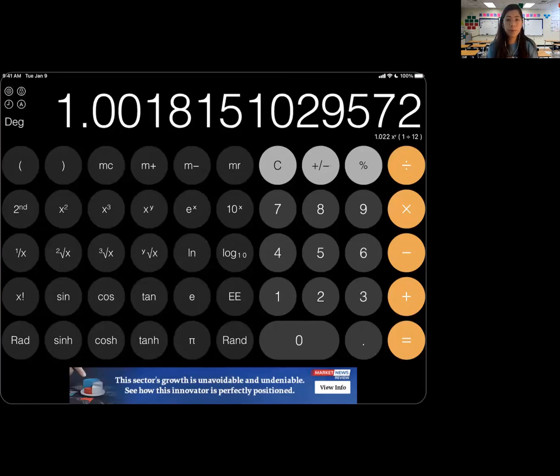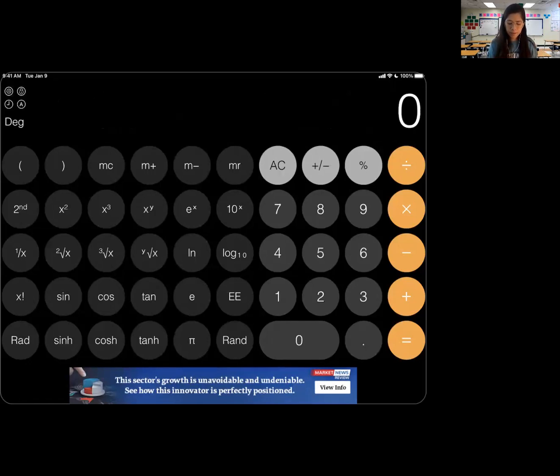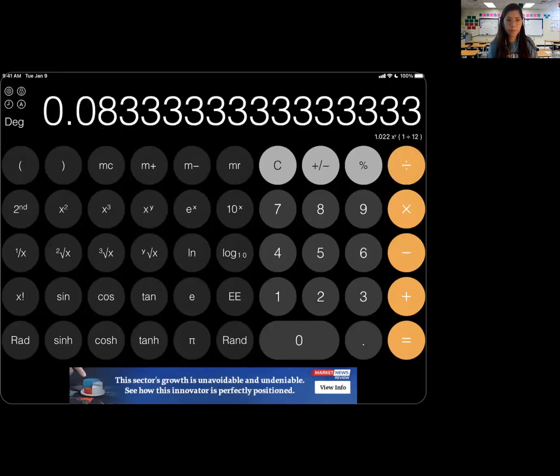Does anybody want me to do that one more time? Okay. So 1.022 to the power, so there's XY. Then right away, I'm going to open parentheses, 1 divided by 12, close the parentheses, and then hit enter.